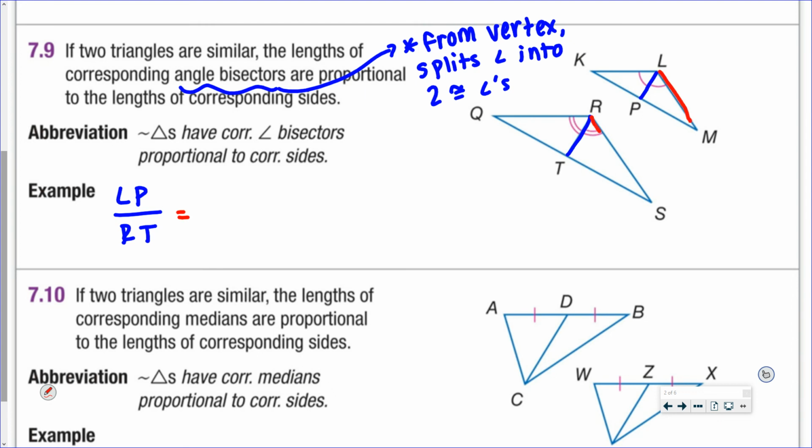So LM to RS. And you can use any of the sides. How you decide which side to use depends on what information is given to you. KM to SQ. Whatever the scale factor is, the angle bisector follows suit.